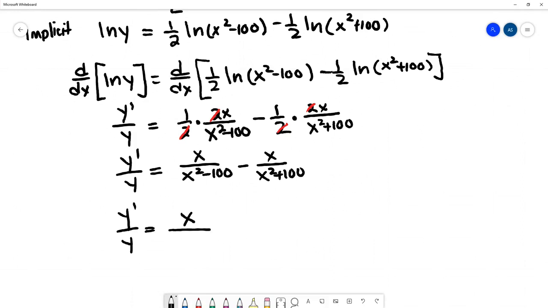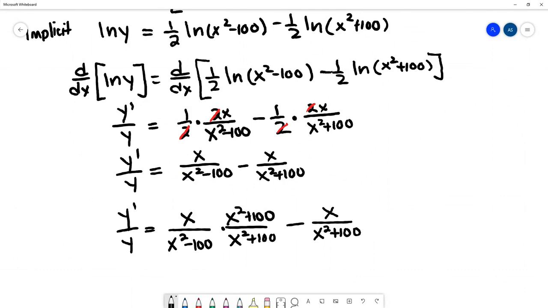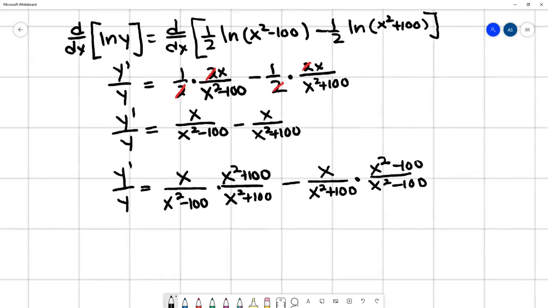So I'm going to multiply on the first term the other denominator of x squared plus 100, (x squared plus 100) over (x squared plus 100). For the second term, I'm going to do the same. I want to multiply by the other denominator, (x squared minus 100) over (x squared minus 100).